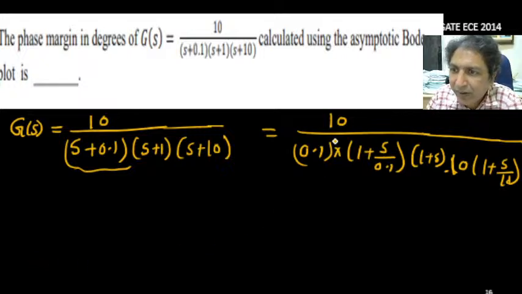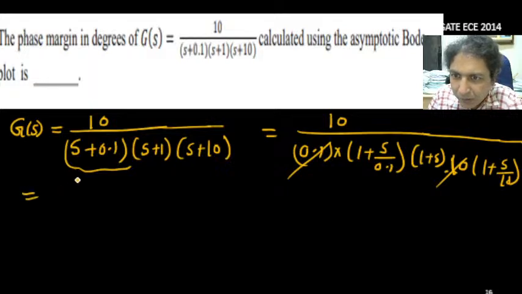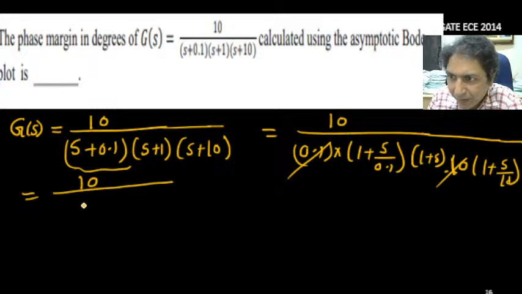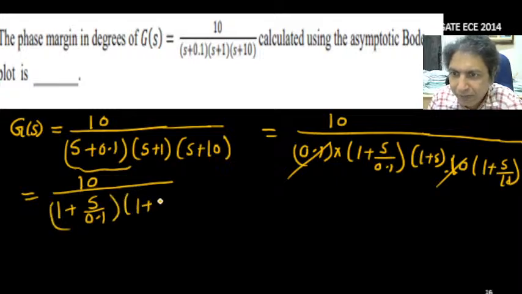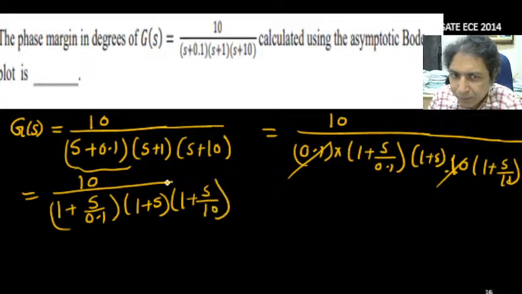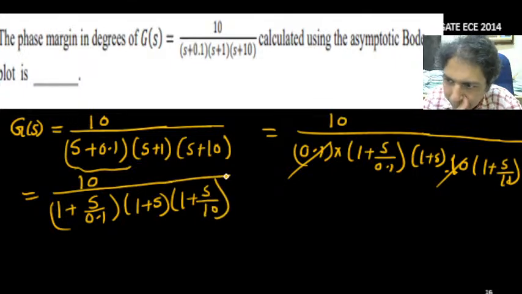Okay, so if you simplify, 0.1 and 10 will cancel out. So the numerator remains 10, and it becomes 1 plus 10s or simply s by 0.1, then 1 plus s and 1 plus s by 10. Okay, this is simple, the G(s).